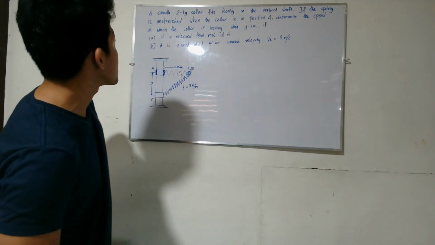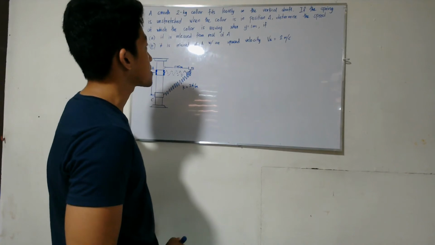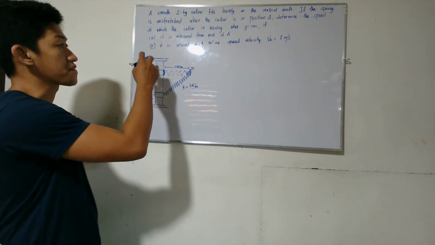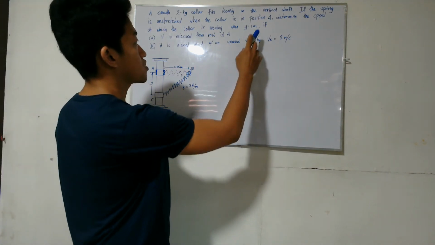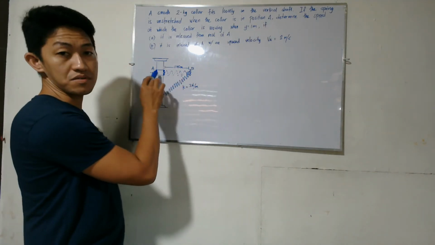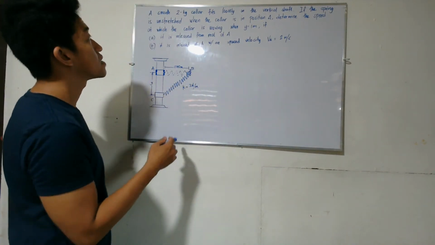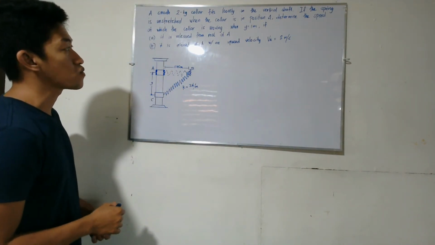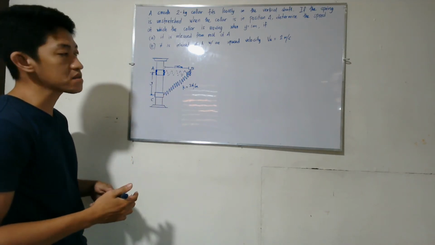Let's have this example, and you have a smooth 2 kilogram collar that fits loosely on a vertical shaft. If the spring is unstretched when the collar is in position A, so in this horizontal position, determine the speed at which the collar is moving when y is 1 meter. Now there are two scenarios.